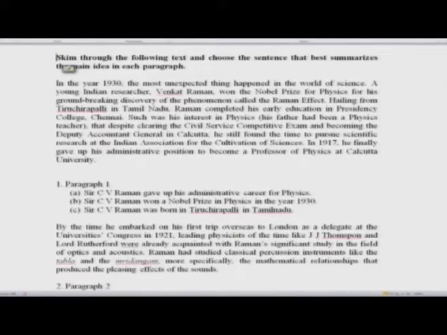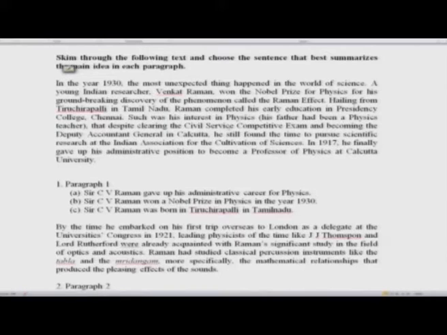A young Indian researcher, Venkat Raman, won the Nobel Prize for Physics for his groundbreaking discovery of the phenomenon called Raman effect. Hailing from Tiruchirappalli in Tamil Nadu, Raman completed his early education in Presidency College, Chennai. Such was his interest in physics. His father had been a physics teacher.